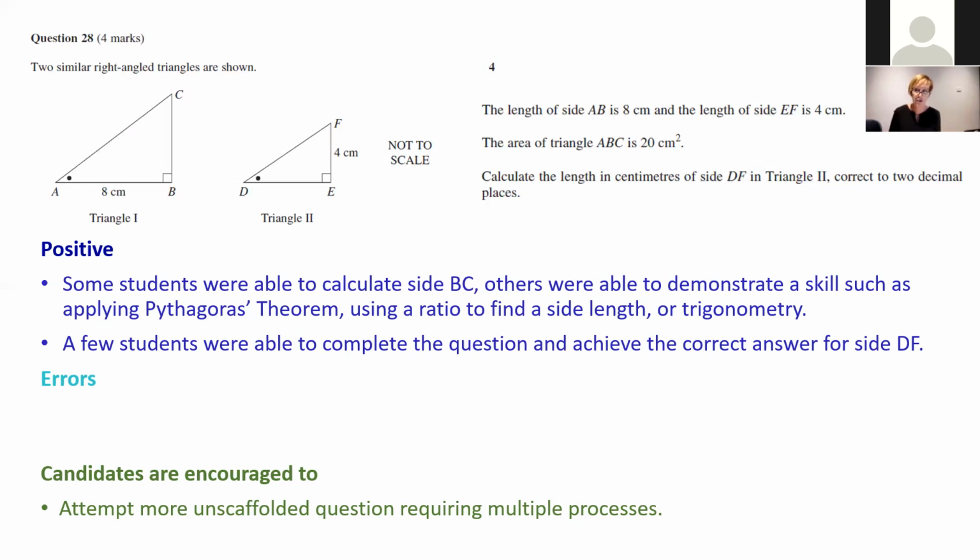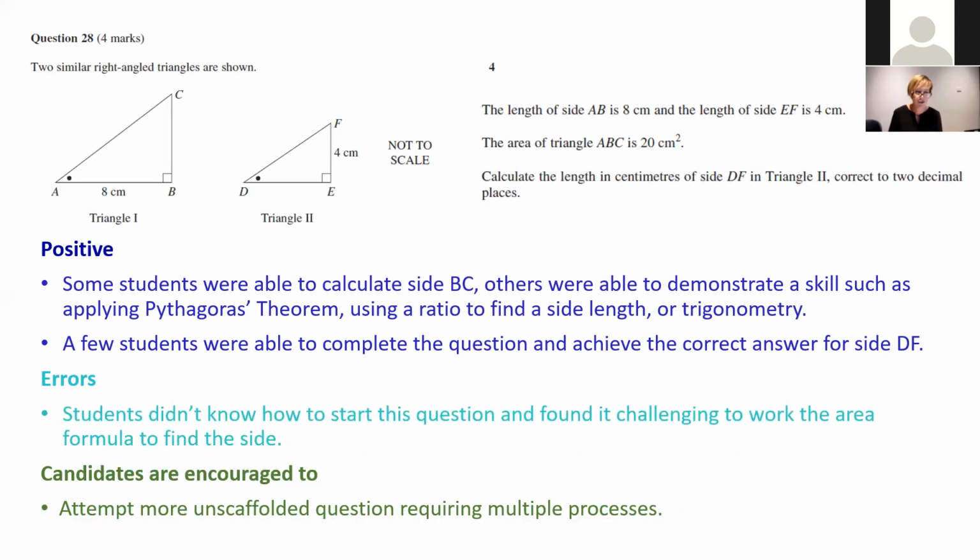But many students were able to link area for ABC in an attempt to find BC side. Others demonstrated some skills with Pythagoras theorem and used ratio to find a side length, or tried to apply trigonometry. So lots of good attempts. And a few students were able to actually complete the question and achieve the correct answer for side DF.